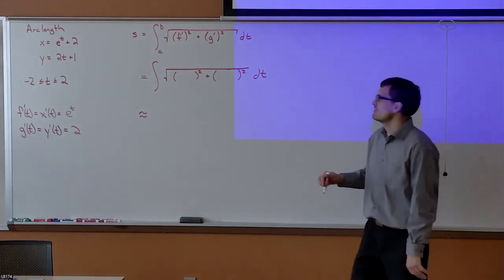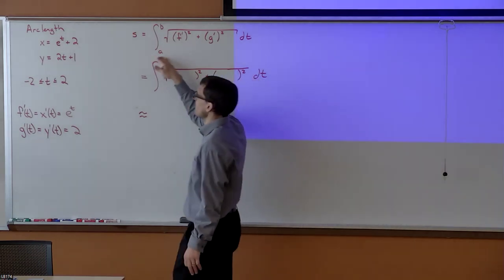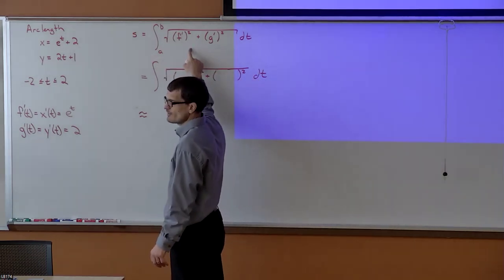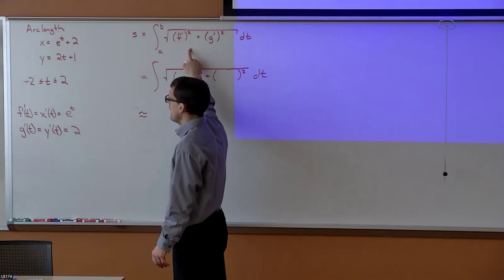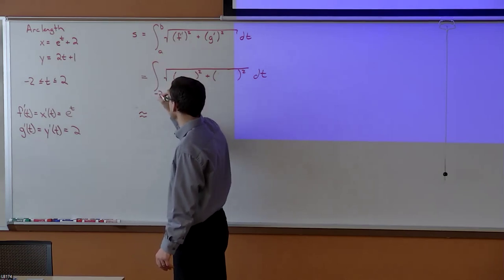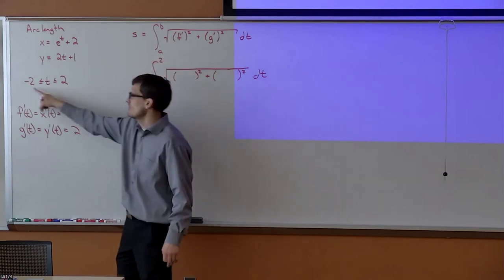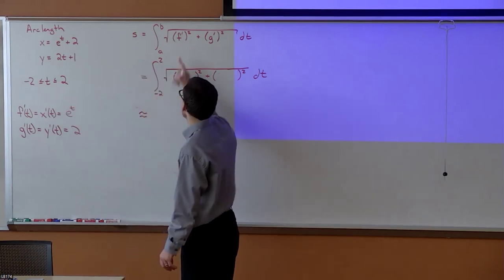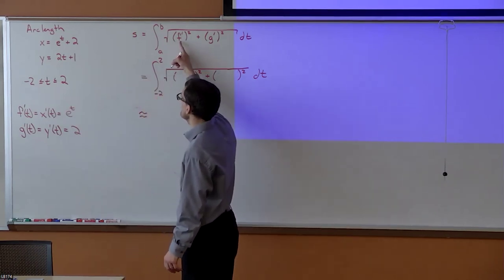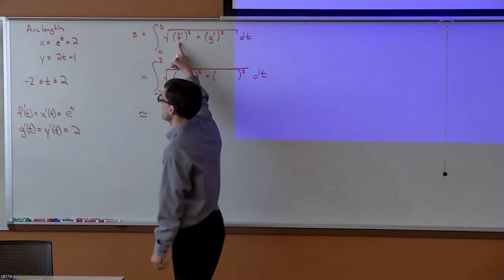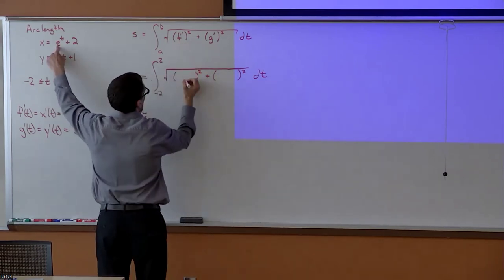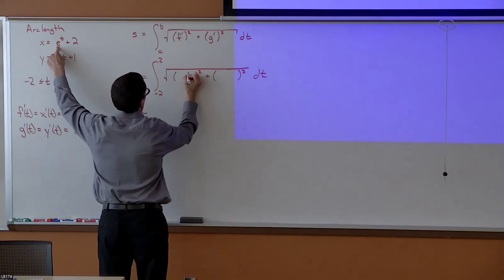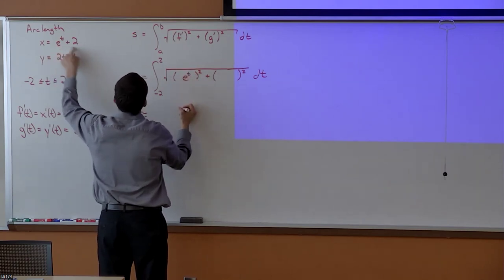So what I do is I say, here's my arc length formula. I know I'm going to be integrating from -2 to 2 because that's what the t values tell me to do. And then I just replace the f prime in the formula with the derivative of this.